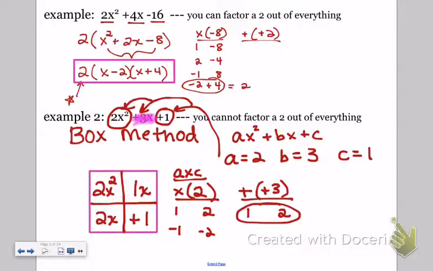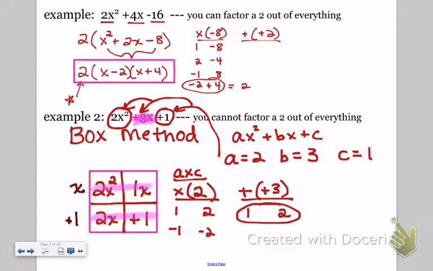So now what we do is we factor out the GCF to the left and then to the top. So we'll look at the GCF of the bottom row. 2x and plus 1, they don't have anything in common, so the only thing that we could pull out is a positive 1. If we look at the top row, 2x squared and 1x, we can pull out an x.